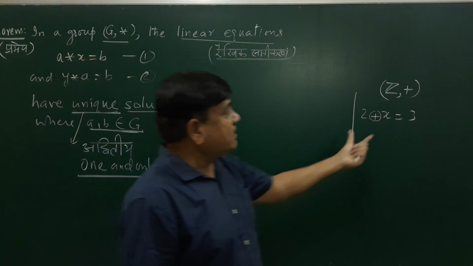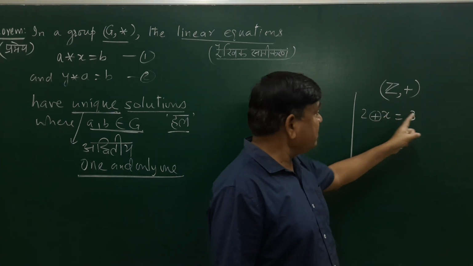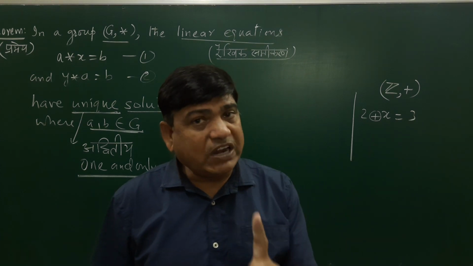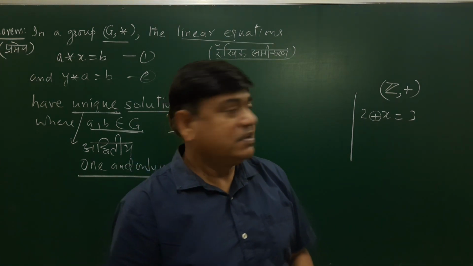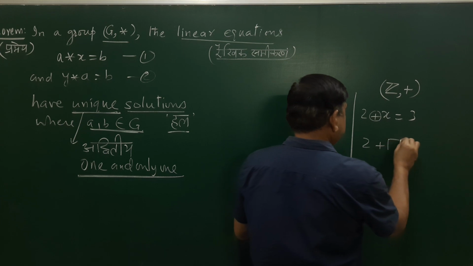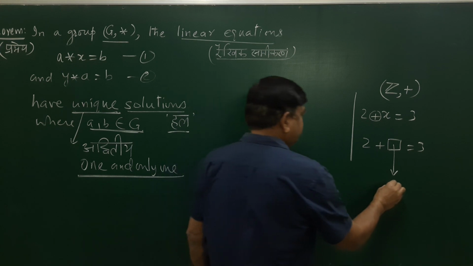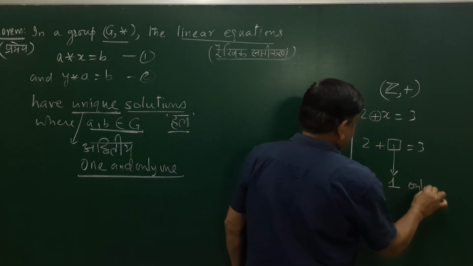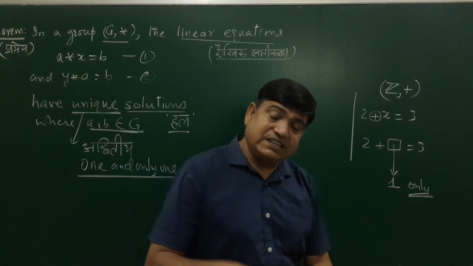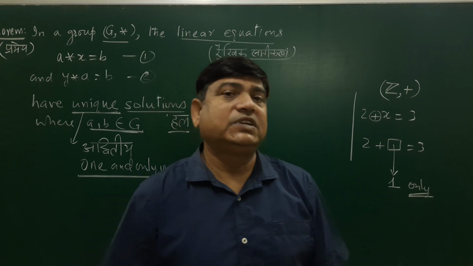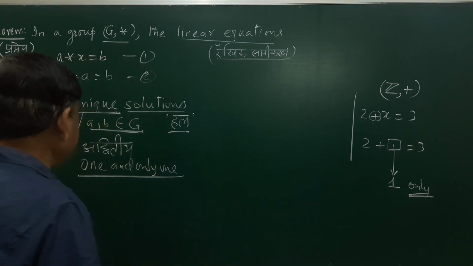In the similar manner, the answer must be in Z, and you people know that the x when you obtain, that is 3 minus 2, that is 1, and 1 is the member of this one, and 1 is the only answer. Here the answer is 1 only. This is the beauty of uniqueness. इसके अलावा और कोई आंसर नहीं होगा, मैंने समझा रखा है आपको. It is that only. Okay, so let us proceed.